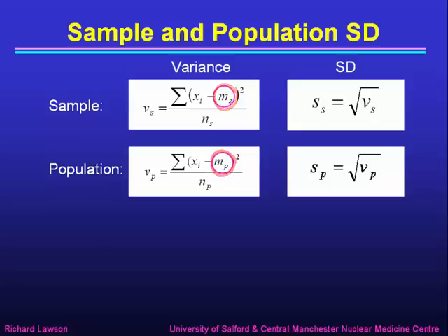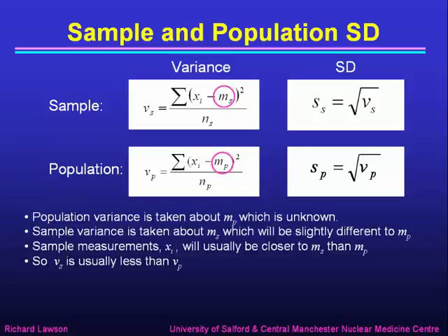Apart from that, the formulae are the same. So the population variance is taken about the population mean, but we don't know the population mean. The sample variance is taken about the sample mean, which we do know, and we've already observed it may be slightly different to the population mean.